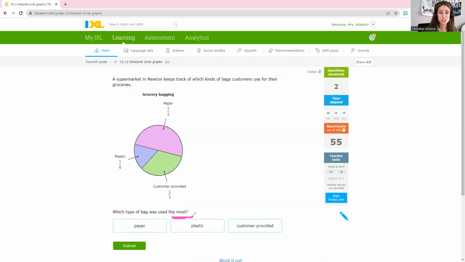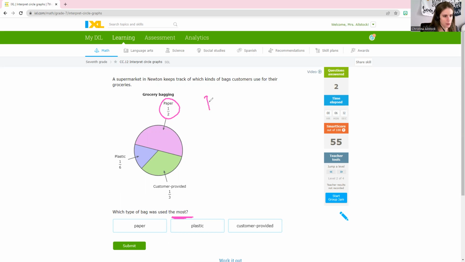And if I just initially look at the sectors and their sizes, to me, it looks like this pinkish one right here, which is representing paper, that looks to be the largest. But again, I don't want to get it wrong and drop in SMART score, so I'm going to compare my fractions and double check my work, but I have a pretty good feeling it's going to be paper.